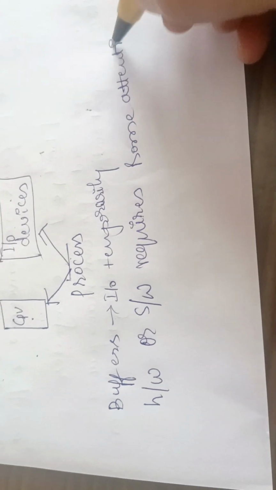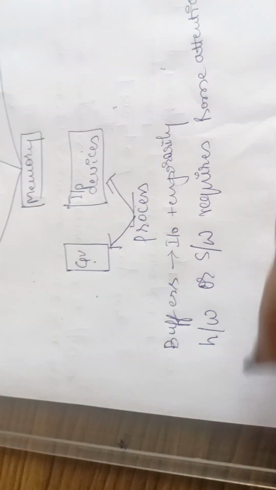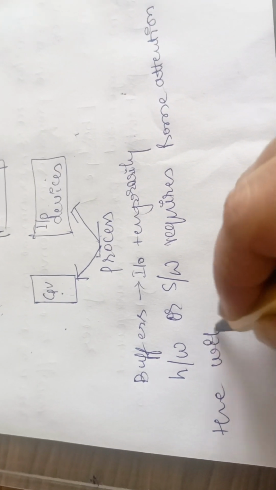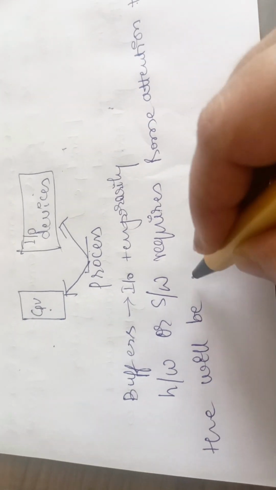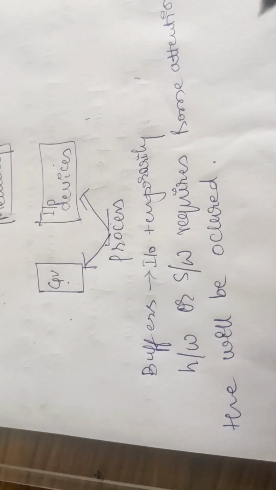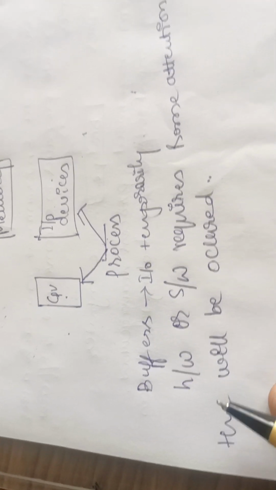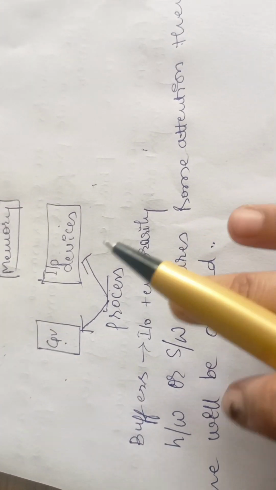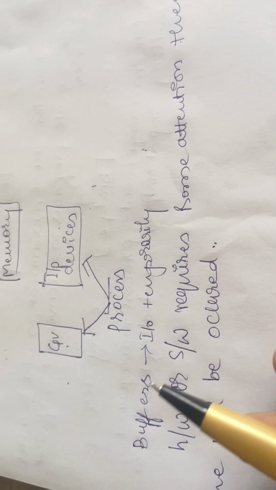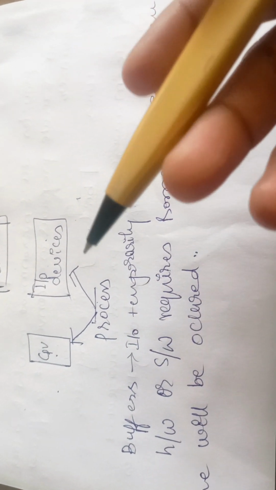Then the interrupt will occur. So for example, now the class is going on. At that time, if anybody wants to come inside, what are you going to do?